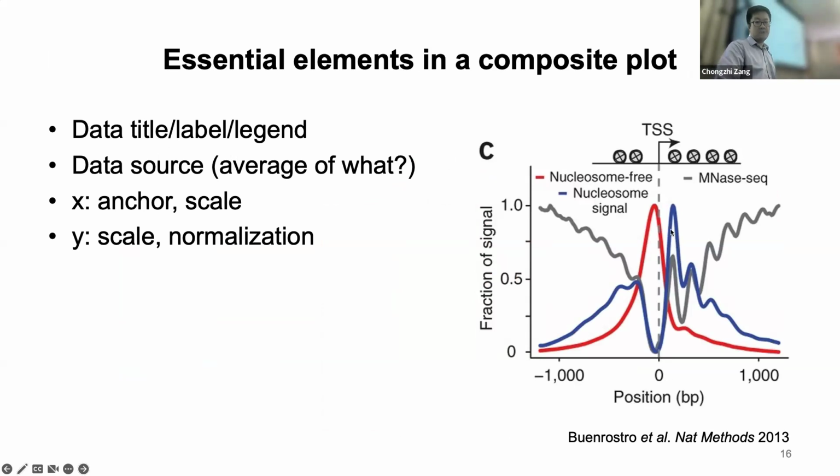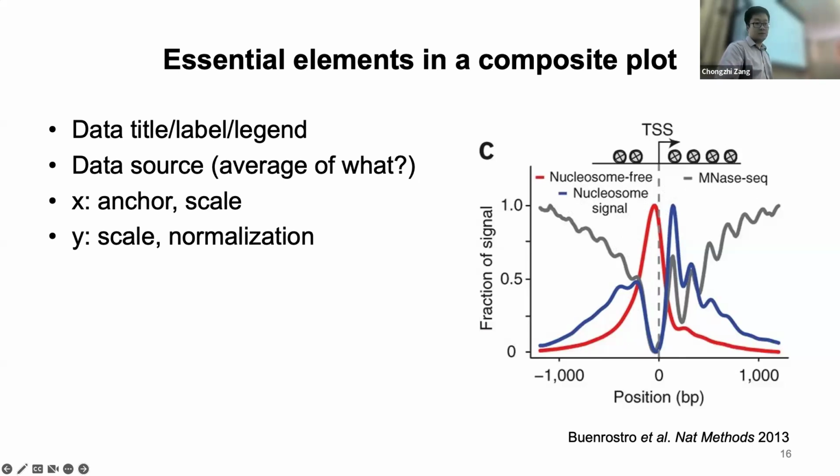In this example, on the same plot, they are plotting 3 different signals: the nucleosome-free region signal, which I believe is the chromatin accessibility signal, the blue curve, which is nucleosomal signal, and the MNase-seq, which is a different track.